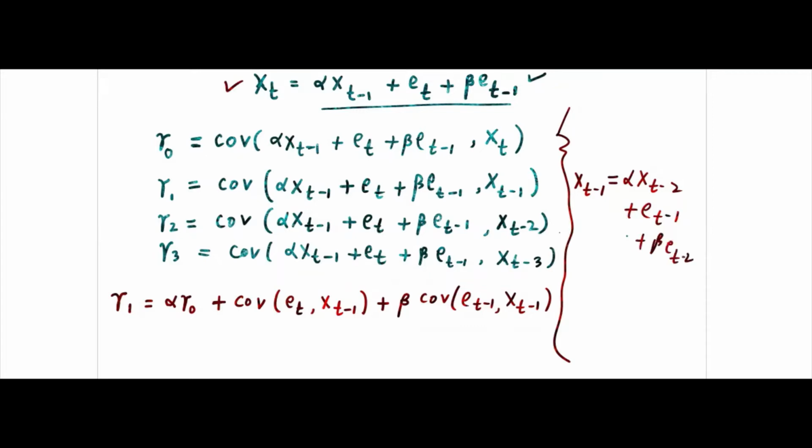If you write this one and then see the covariance with et minus 1, it's here, okay? So that will be sigma square. I will replace this by sigma square.